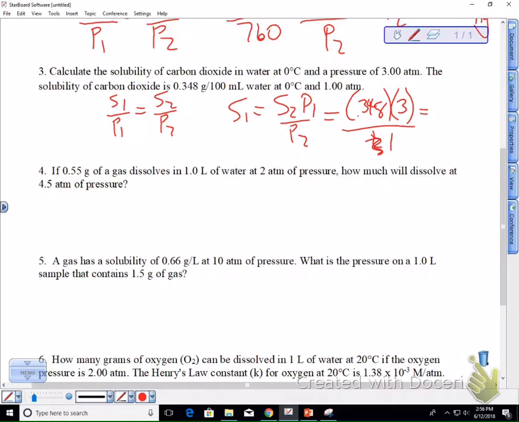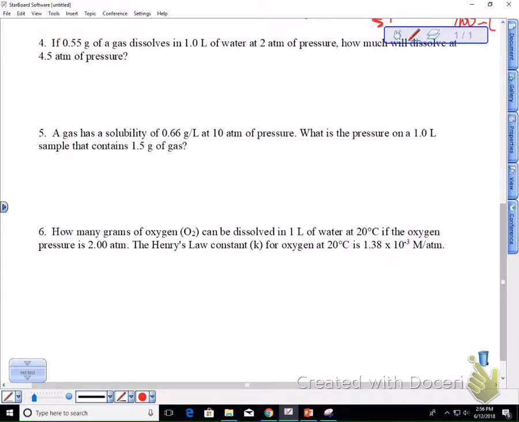So we simplify that down, keeping in mind what our units are going to be here. Solubility is 1.04 grams per 100 mL. All right, hit pause now and try 4, 5, and 6. I'll come back in a moment with the answers posted.